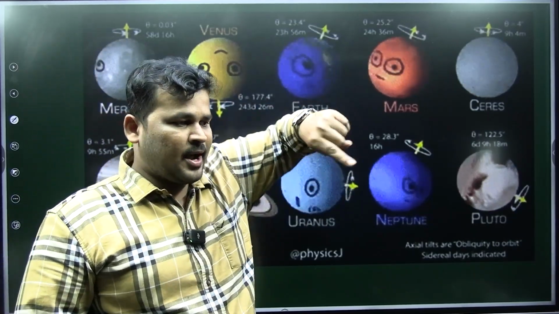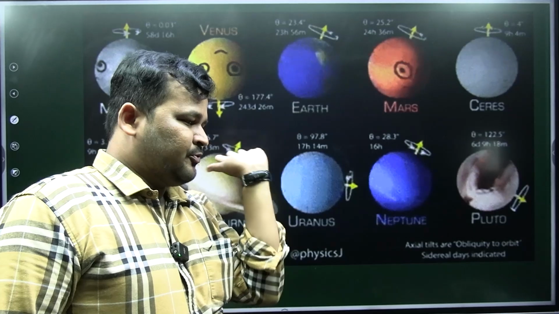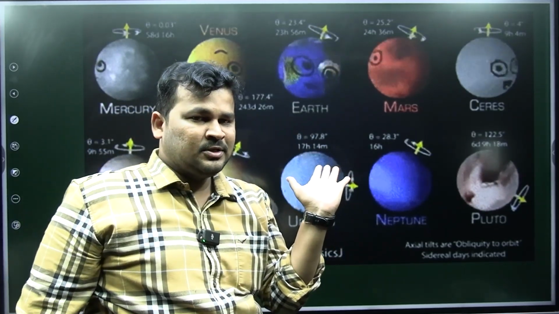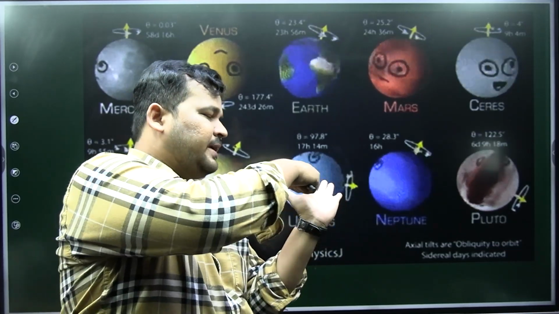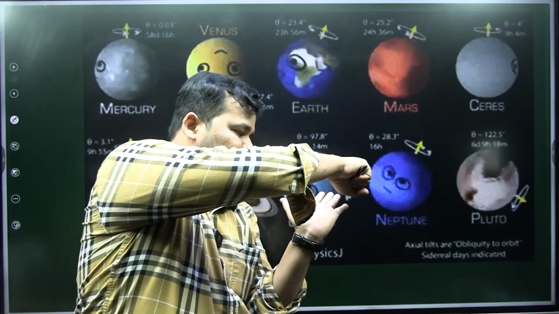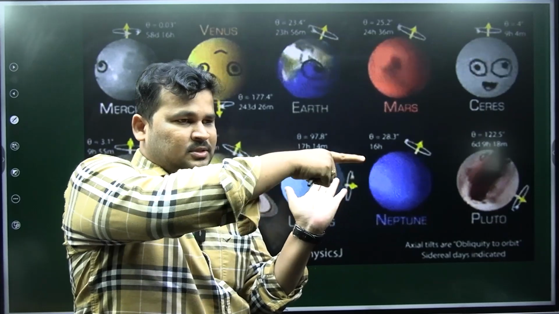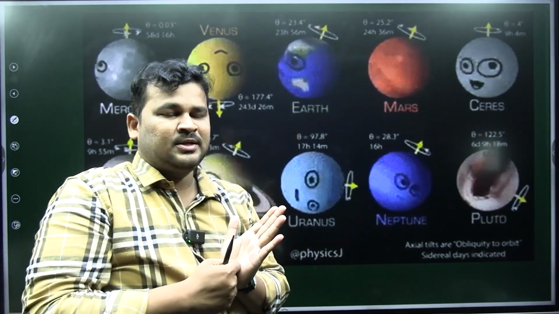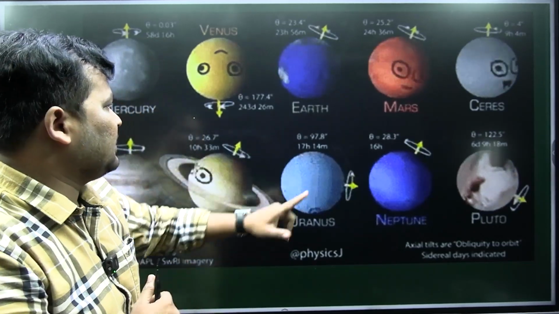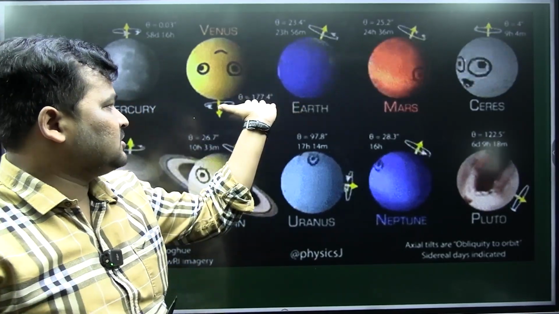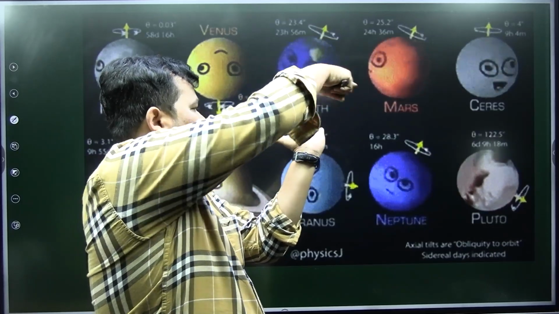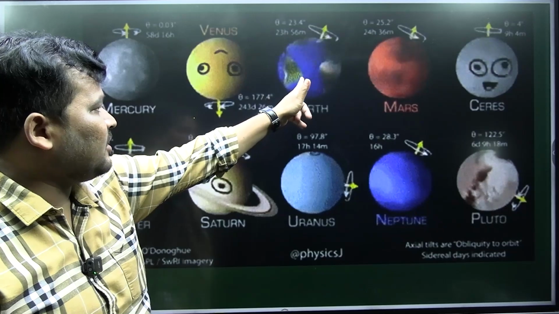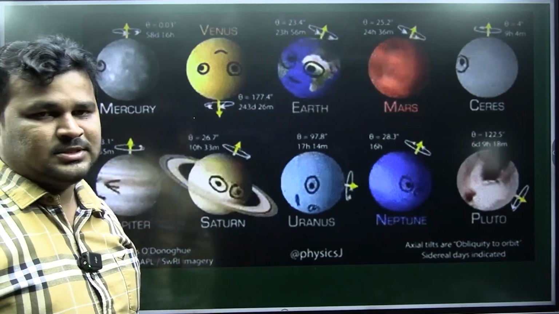For example, have you seen the needles of a clock? In general, a clock's needle rotates in one direction, but if it rotates the opposite way, we treat it as anti-clockwise. Earth also rotates in this manner, anti-clockwise. Venus rotates clockwise.